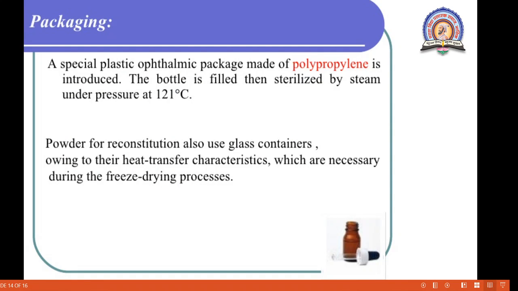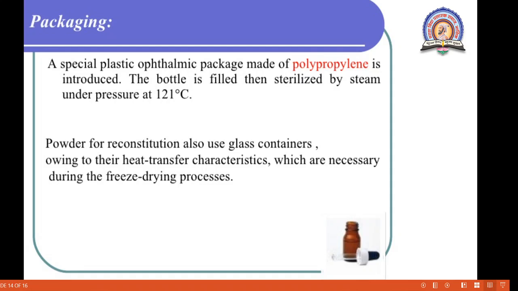Here also the packaging is explained. A special plastic ophthalmic package made of polypropylene or LDPE is used. Then the bottle is filled, then sterilized by steam under pressure at 121 degrees Celsius.